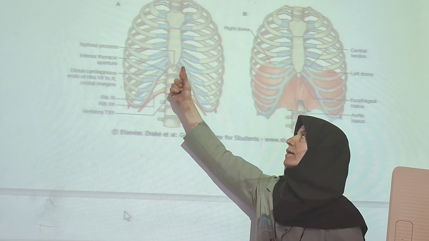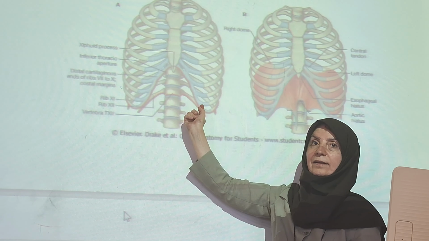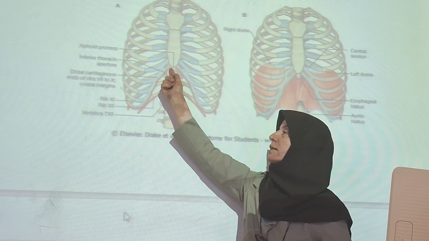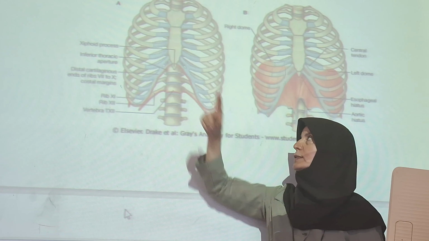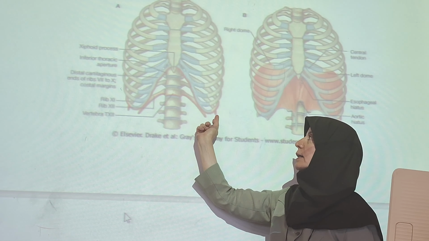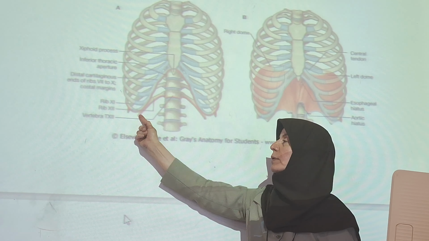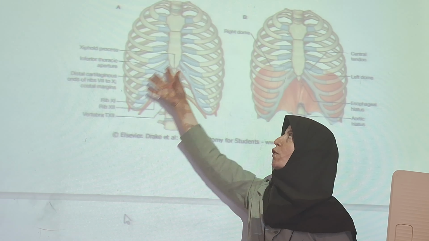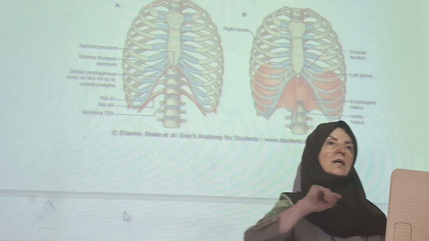And anteriorly the costal margin and the xiphoid. So xiphoid process, costal margin, tip of the 11th rib, 12th rib, and the body of the T12 are going to form the inferior opening of the thorax.